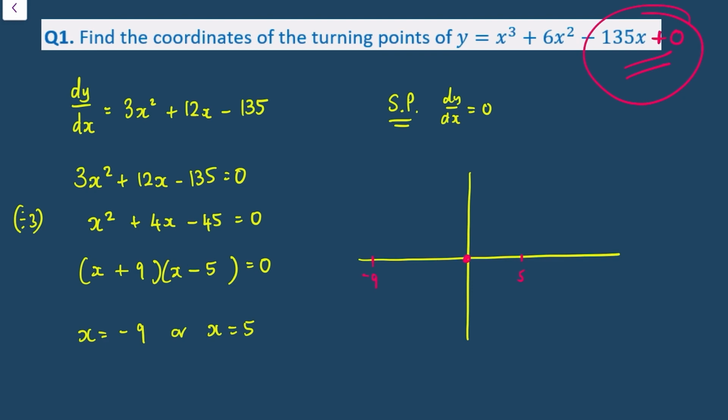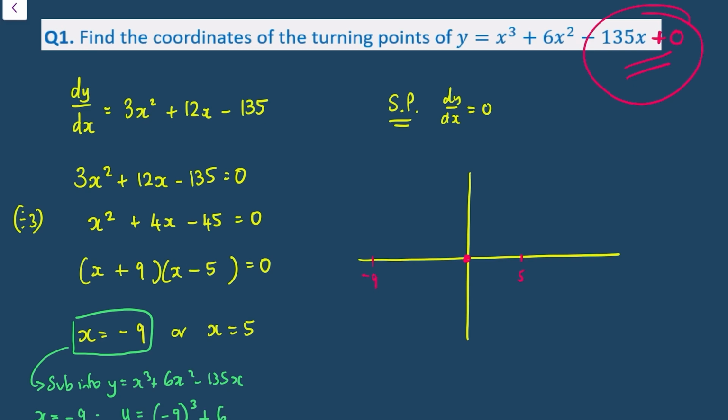So I'm going to sub in x equal to negative 9 into y, my original equation, y equals x cubed plus 6x squared minus 135x. Use your calculator to do that. Be very careful. You want to be putting brackets around the negative numbers, because if I have an odd power, it will stay as negative.